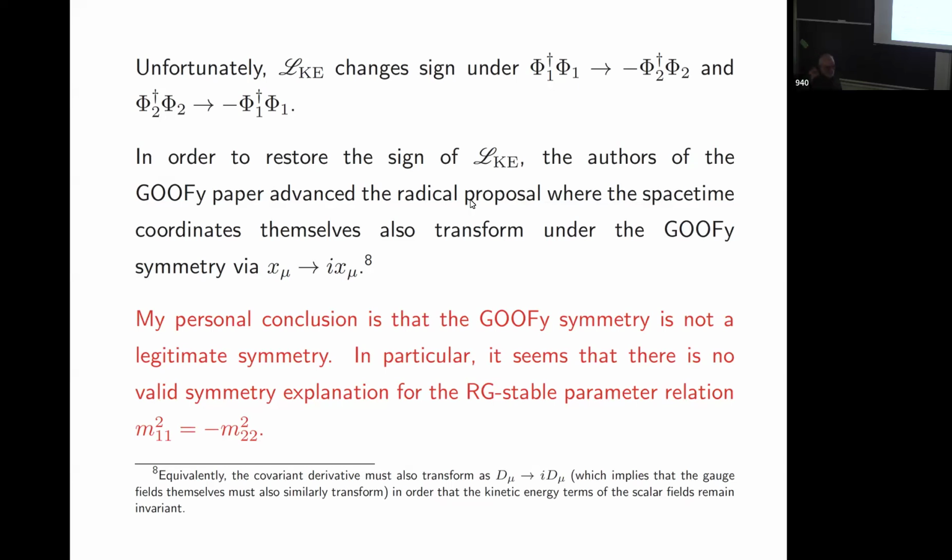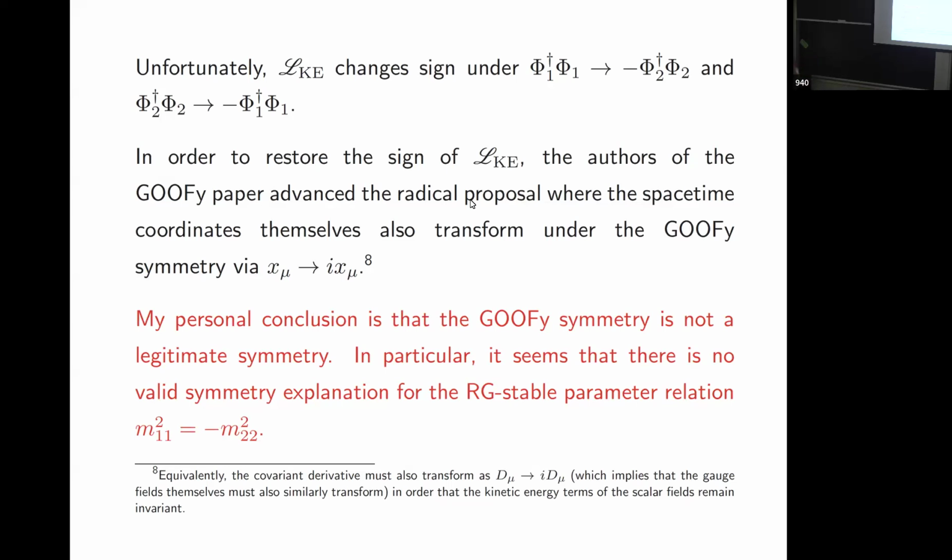So that means changing gauge boson fields by negative things. And then everything works. But my personal conclusion after seeing this presentation of this work was that this is not legitimate. This cannot be a valid explanation for the RG stability of that.